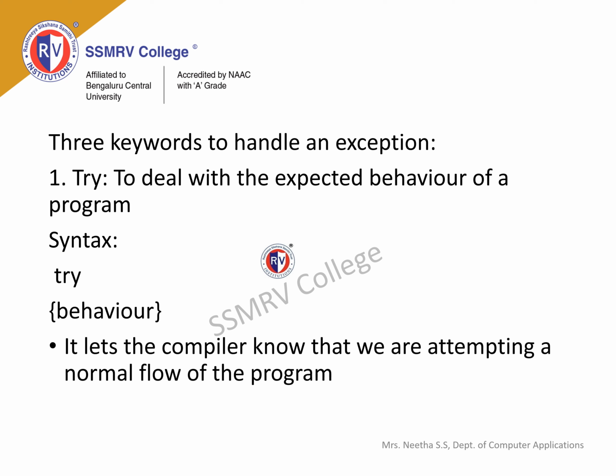It lets the compiler know that we are attempting a normal flow of the program. The actual behavior that needs to be evaluated is included between an open curly bracket and the closing curly bracket. Inside the brackets, you implement the normal flow that the program should follow.